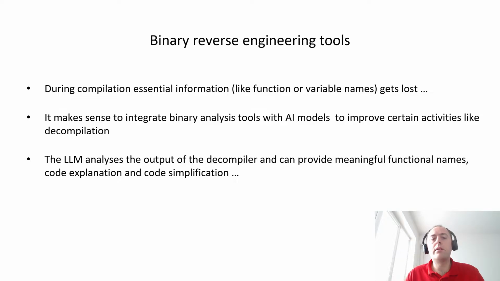And during the compilation process, essentially, we lose certain information, like, for example, function or variable names. This means that when we decompile the binary, we don't get back that information. So we are lacking additional context, which makes the process of reverse engineering more complex.